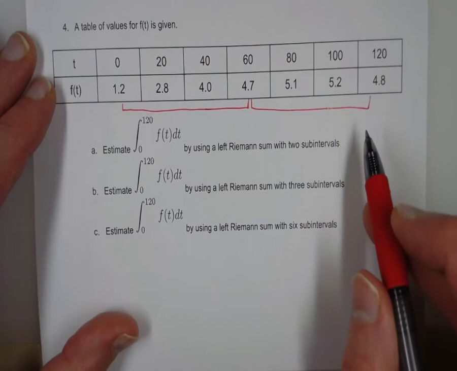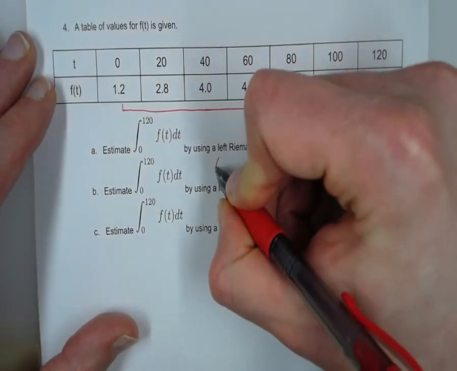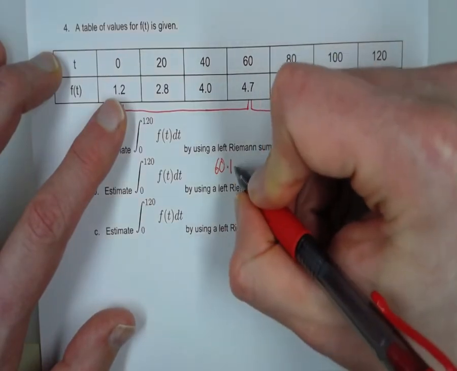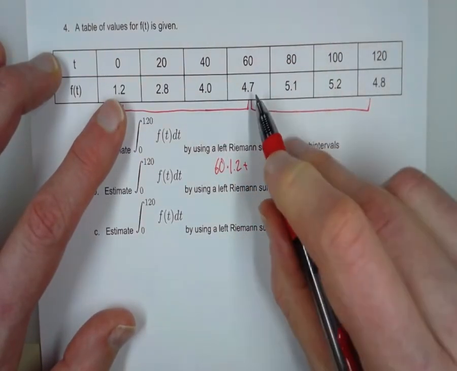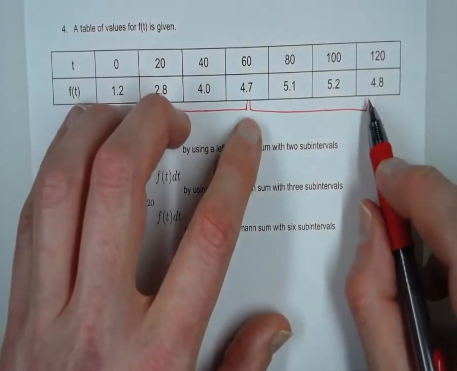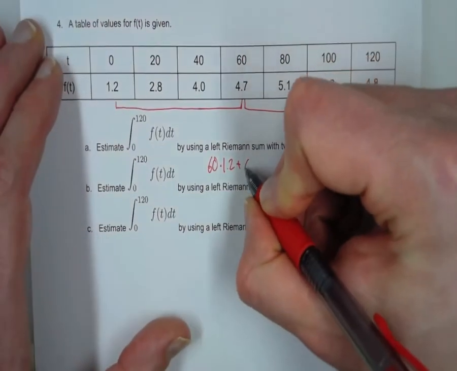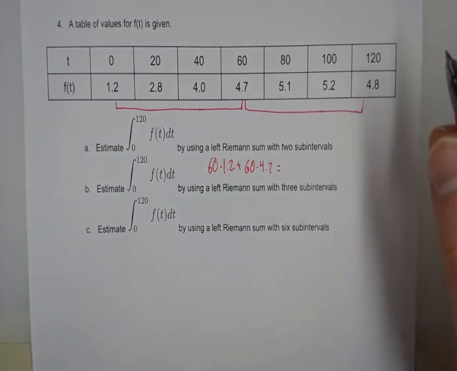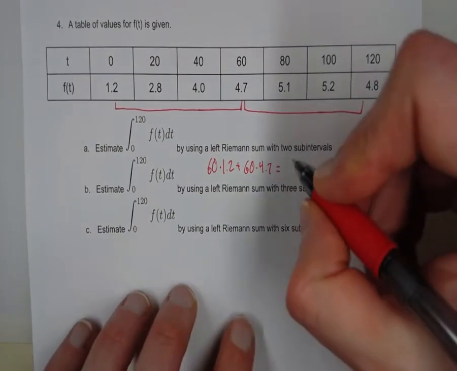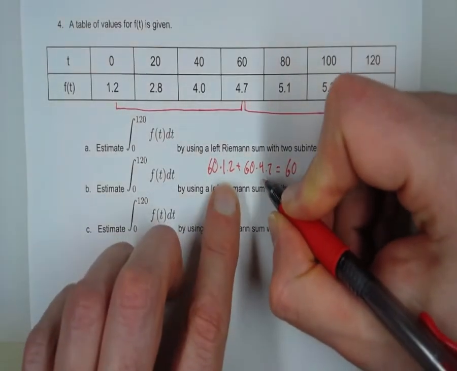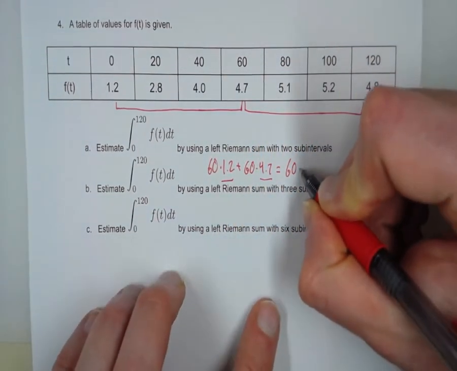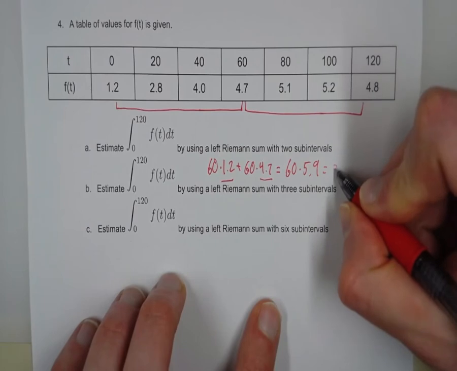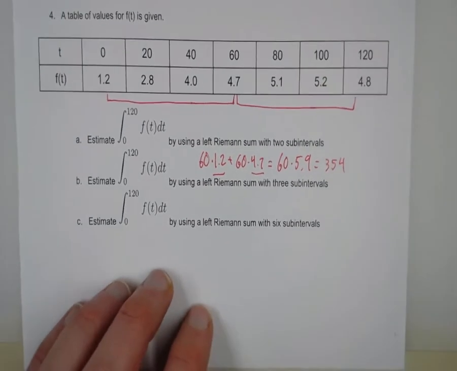Each of these intervals is 60 units wide. For the first interval, I'm going to use the left-hand side, 1.2. And then for the second interval, from 60 to 120, I'm going to use 4.7. And so when I add these two numbers together, 1.2 and 4.7, that's 5.9. And when we multiply by 60, we get 354.